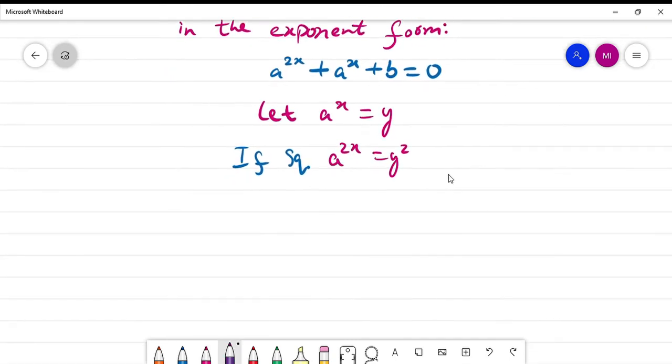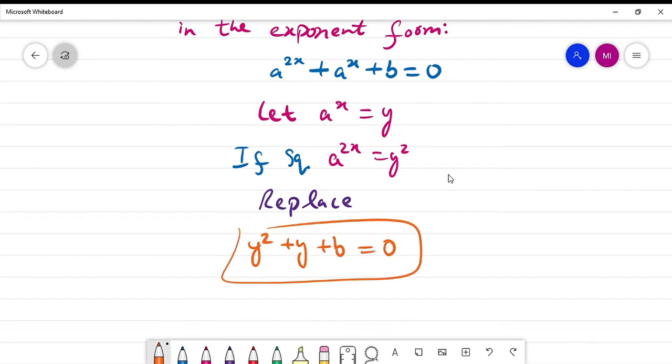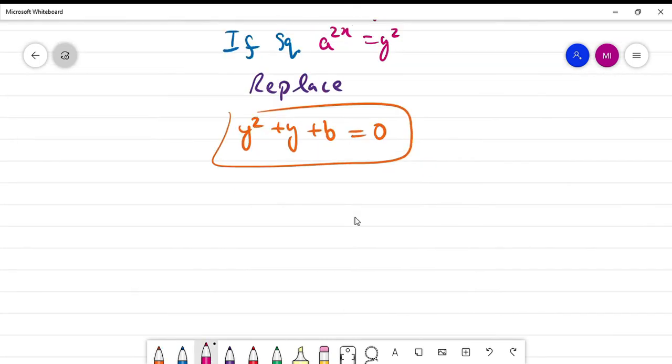So now when we replace, we get y squared plus y plus b is equal to 0. So we have a quadratic equation, and we know how to deal with these equations. Use any method you see fit, get the roots, then put them into this relationship. Let's take an example.